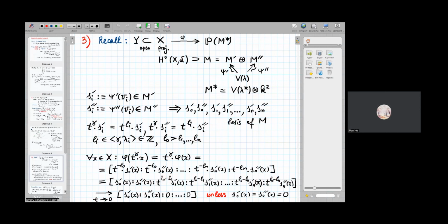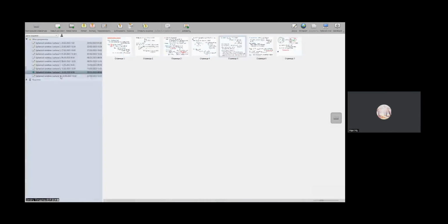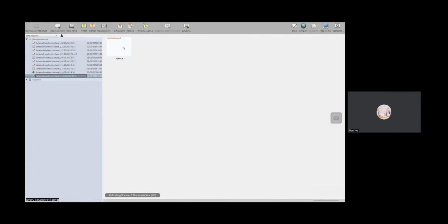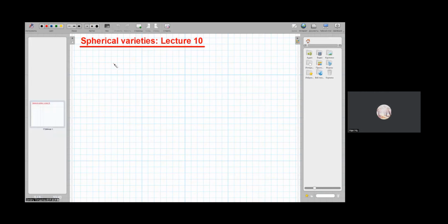So this was an update for the last lecture, and now let me turn to today's lecture. So as I promised, I turn now to the classification problem for spherical varieties. Classification of spherical varieties.